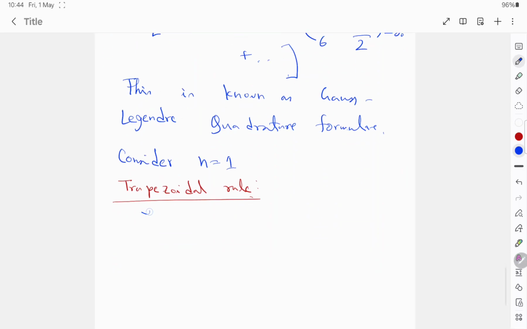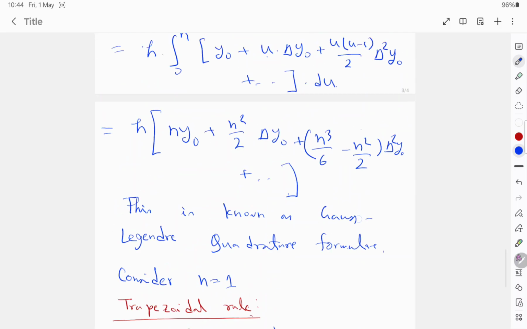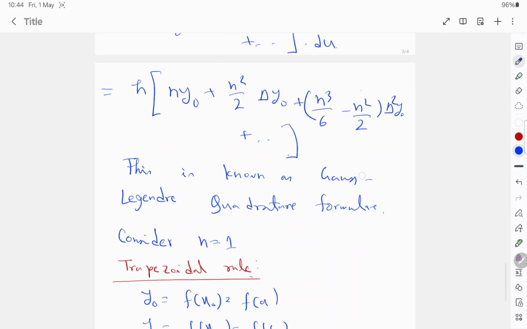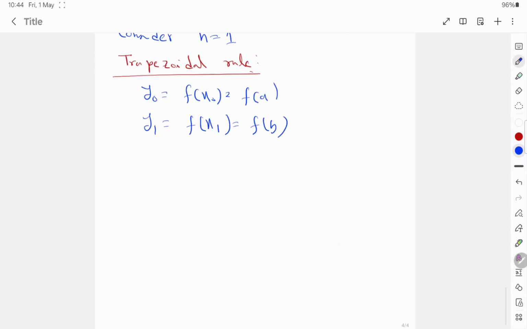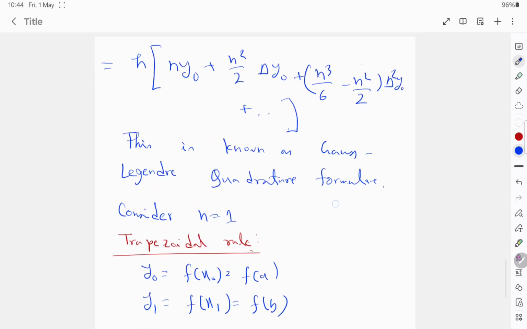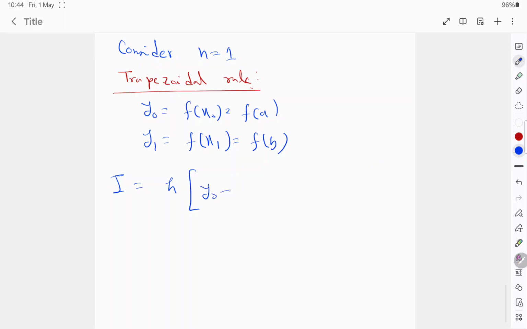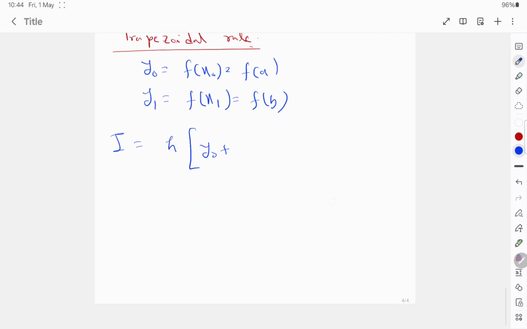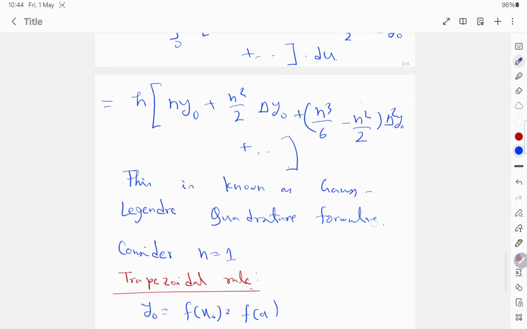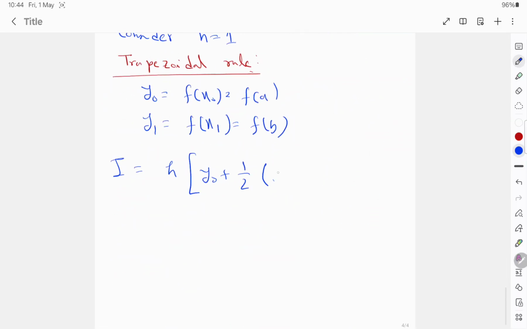So you have y0 equal to f of x0, that is f of a, and you have 1 point y1, it is f of x1, or xn also you can say, this is f of b. No more points, so there will be no role of the extra term. So your formula becomes I equals h into, if you put n equal to 1, first just y0, and then 1 by 2 delta of y0, that is basically y1 minus y0.